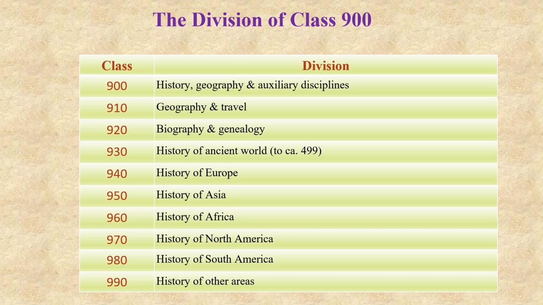CA means circa, that means around or approximately. Then 940, that is history of Europe. Then 950, history of Asia. 960, history of Africa. 970, history of North America. 980, history of South America. 990, history of other areas.